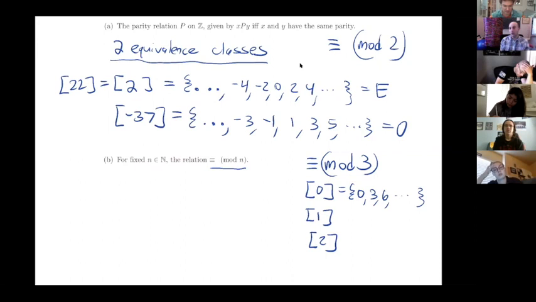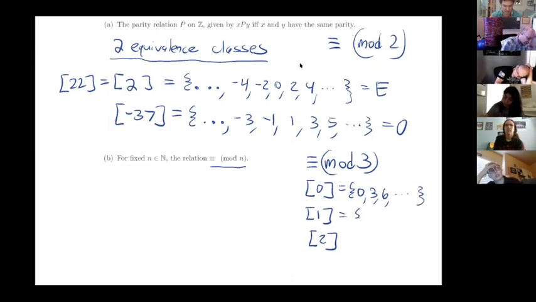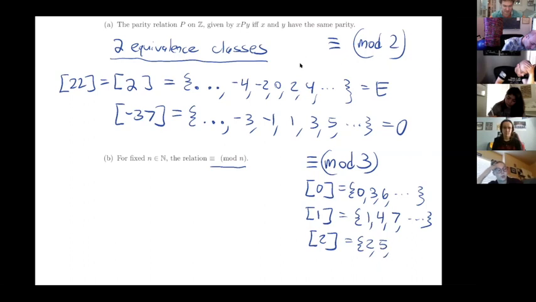Right, so that would be all of the things that are divisible by 3. This would be all of the things that have a remainder of 1 when we divide by 3, and so on. And now we're only considering natural numbers.